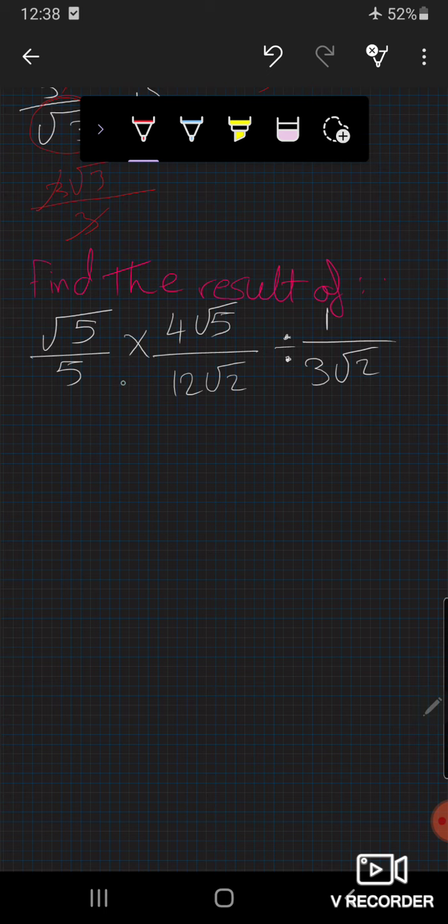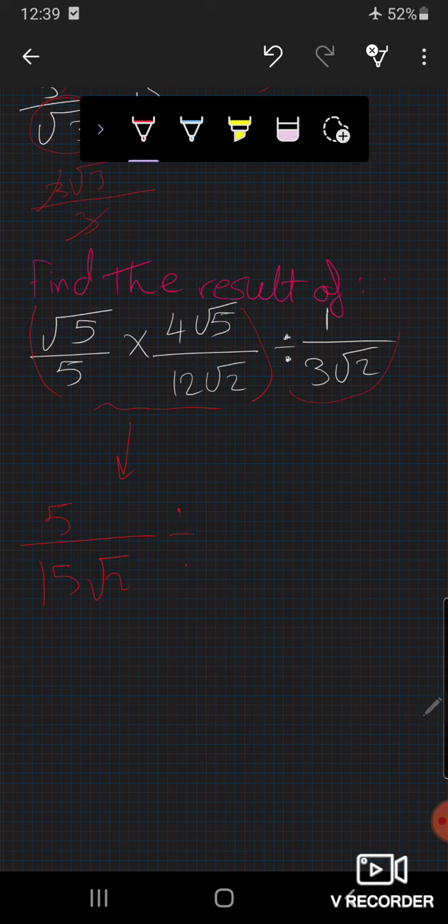Here, find the result of square root 5 over 5 plus 4 square root 5 times 12 square root 2, divided by 1 over 3 root 2. First of all, I multiply these with each other. The answer will be 5 over 15 square root 2.